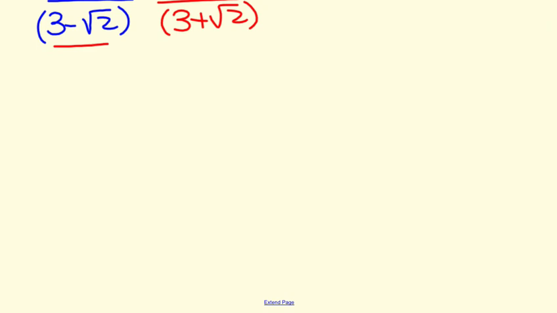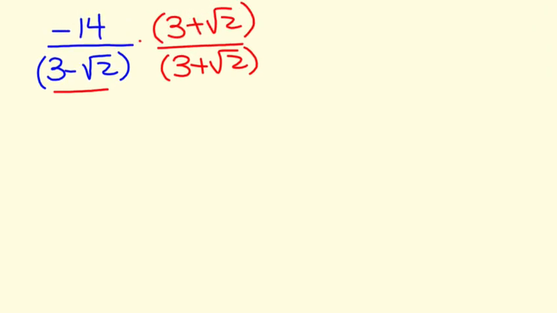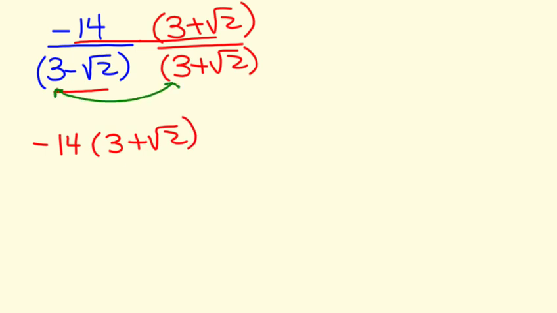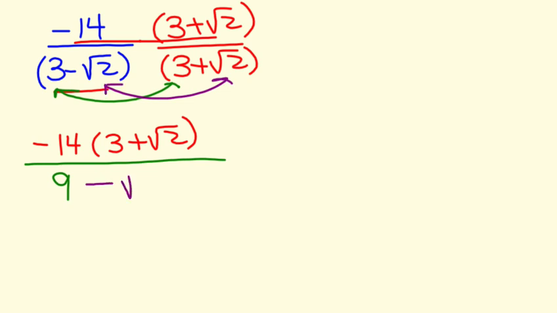Numerator to numerator, denominator to denominator. So negative 4 times 3 plus the square root of 2. Then denominator, cheater FOIL. So 3 times 3 is 9. Last, negative square root of 2 times square root of 2 is negative the square root of 4.